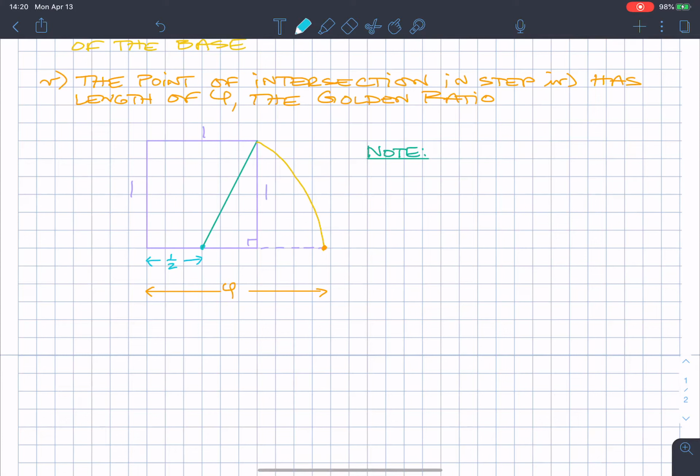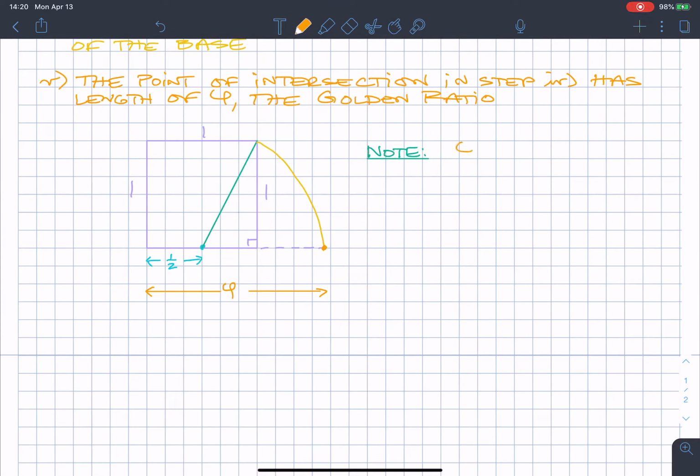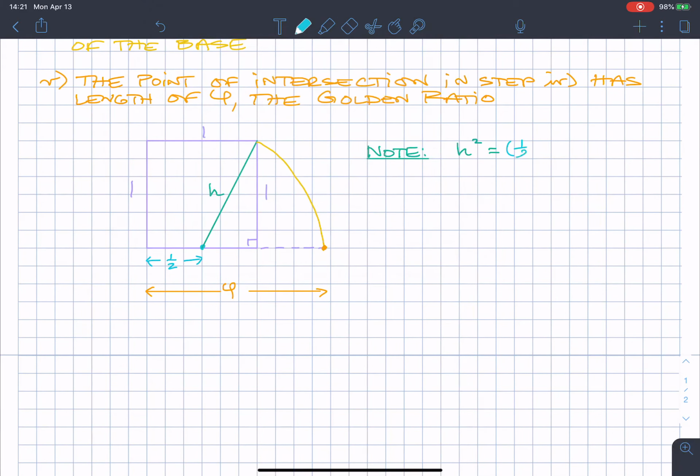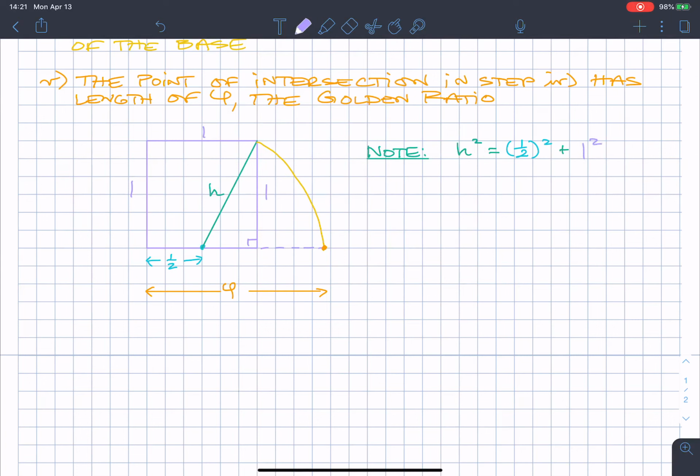So the hypotenuse, let's call that hypotenuse h. I know that h squared is equal to 1/2 squared plus 1 squared using the Pythagorean theorem.